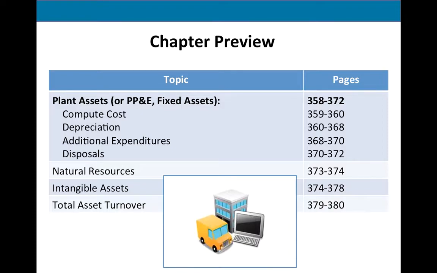It's a large group, goodwill, but again, we will describe them quite briefly, and you focus on those. It's a gray area in financial accounting, and you study them in more detail in upper level courses. And we will conclude with one ratio called total asset turnover. Okay, let's dive into PPE.